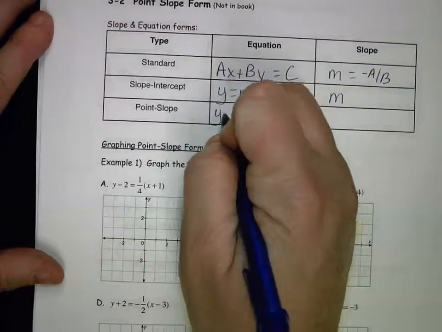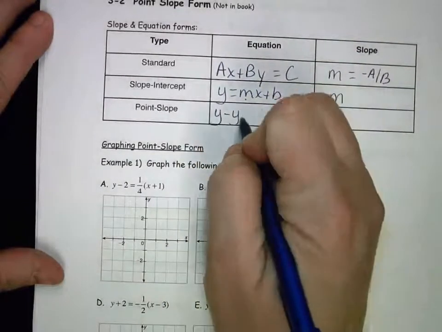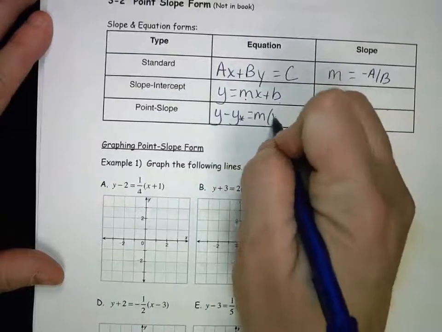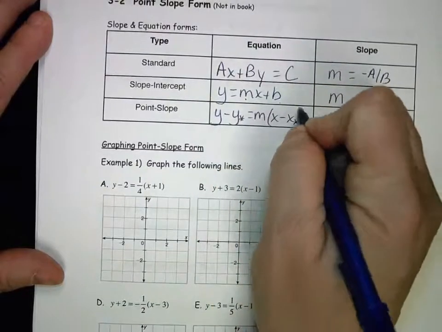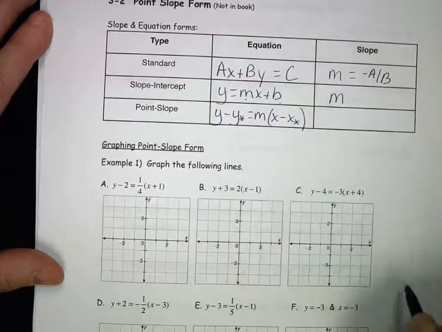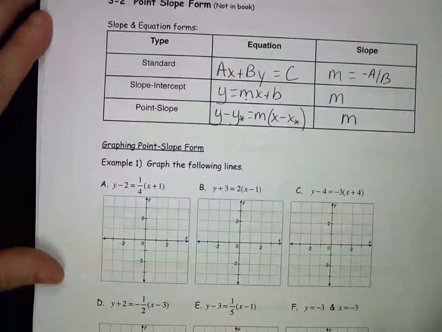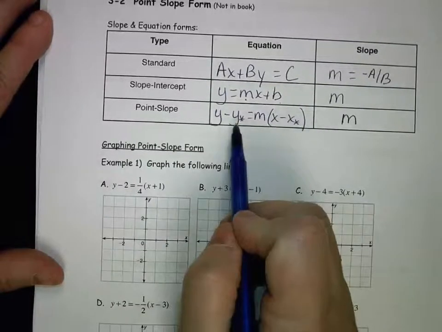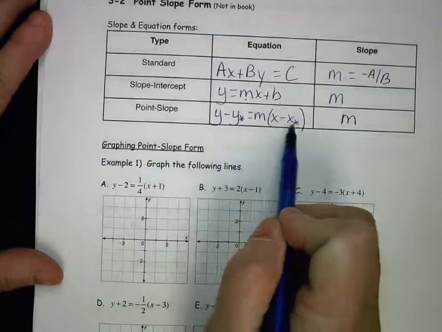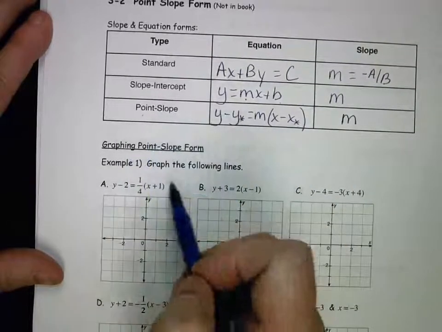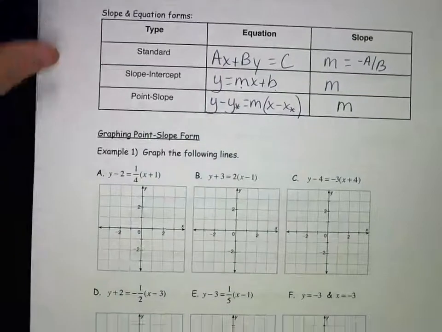The next one is point slope form, and I like to do y minus y star equals m times x minus x star, and your slope here is m. And the reason I put these stars here is because this is where you get your point from for point slope form, and we're going to use that to graph some of these lines.